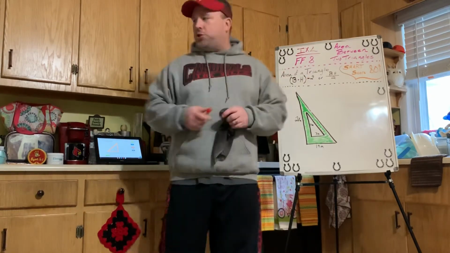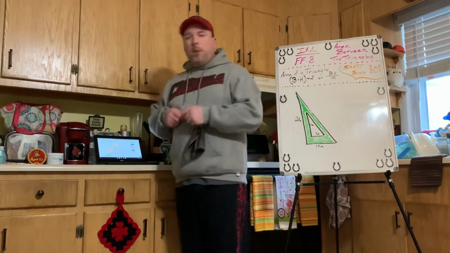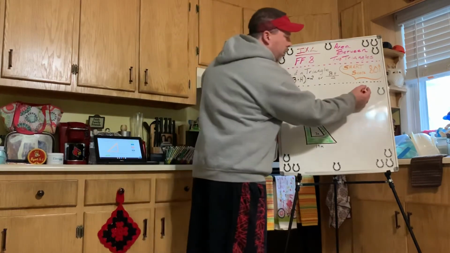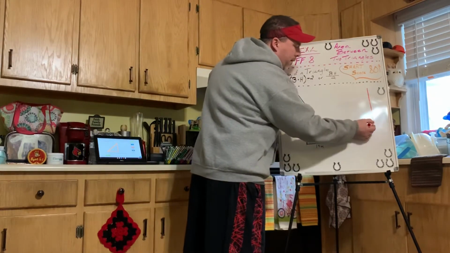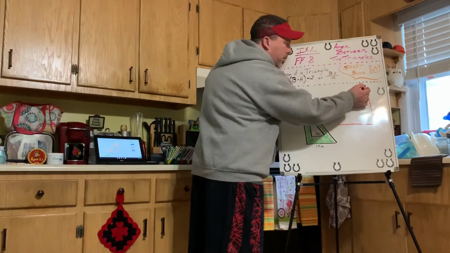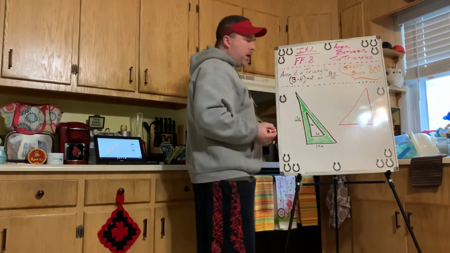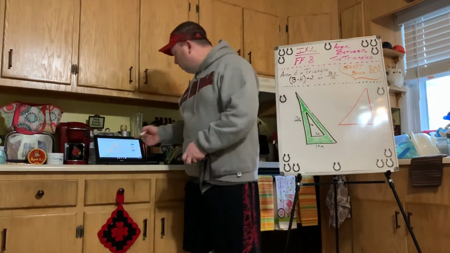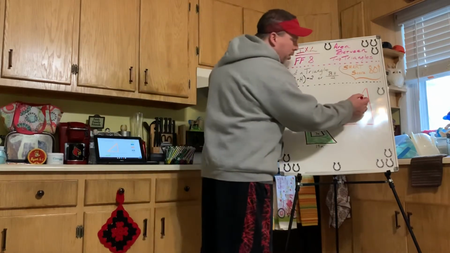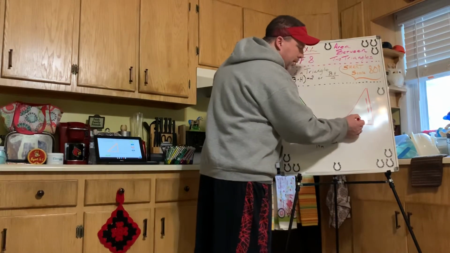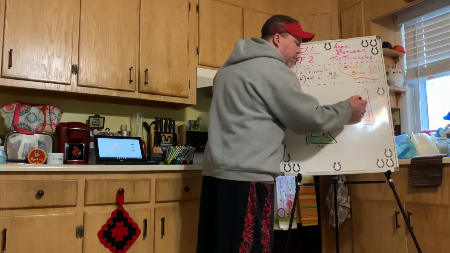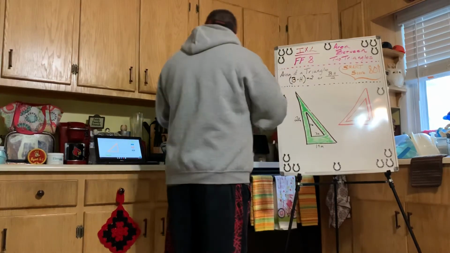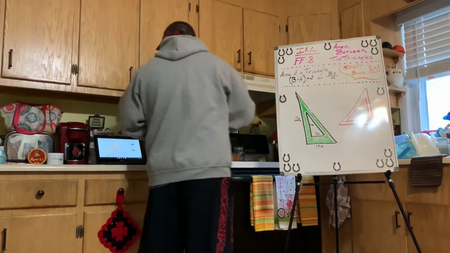So let's look at this triangle. It goes the opposite way, but once again, we're still going to do it the same way. We have another right triangle. There's the larger right triangle, and then it has a smaller triangle inside of it. Just because we're facing the opposite way doesn't change anything about how we do the problem.